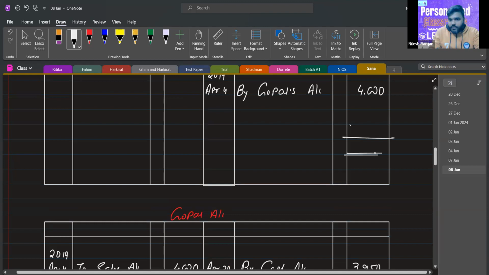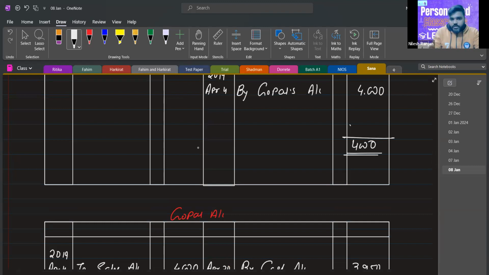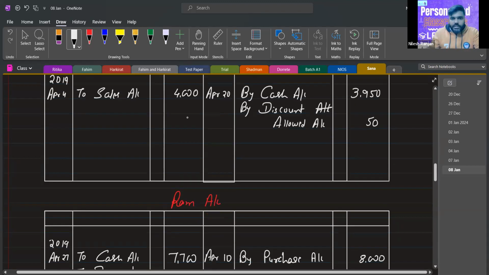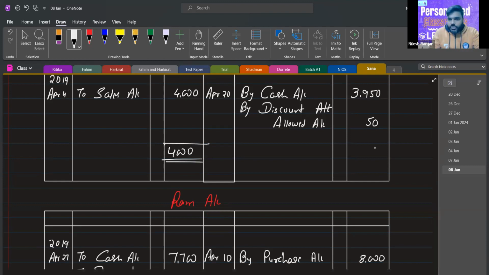Sales, it is 4,000, to balance CD 4,000. After that, Gopal's account, there will be no balance because there is 4,000 on the debit side and 4,000 on the credit side.